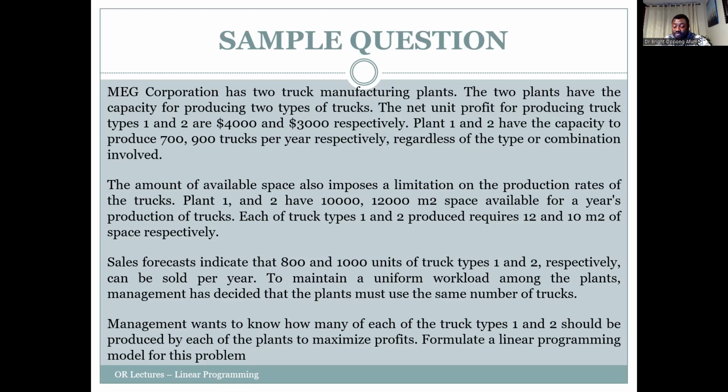The net unit profit for producing truck types 1 and 2 is $4,000 and $3,000 respectively. Plants 1 and 2 have the capacity to produce 700 and 900 trucks per year respectively, regardless of the type of combination involved. The amount of available space also imposes a limitation on the production. So students are supposed to formulate a linear programming model for this problem, and it's a maximization problem.